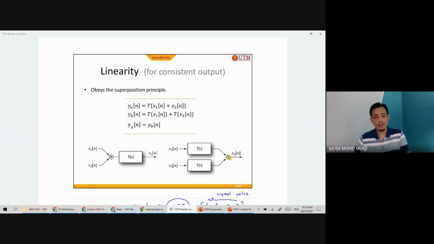Whether you buy one by one or buy two at once, you should get exactly the same price. If you buy one and another one, you get 4 ringgit, each is 2 ringgit. But if you buy at once and suddenly the price becomes 3 ringgit, then it is not linear.